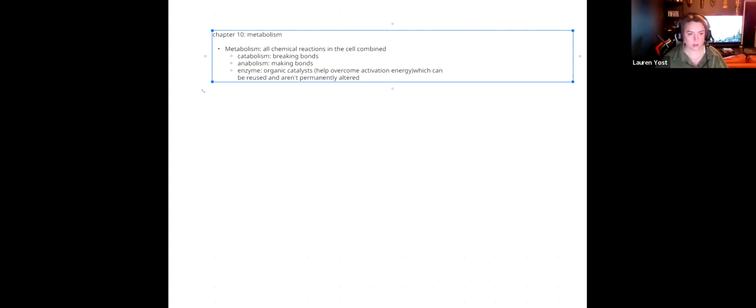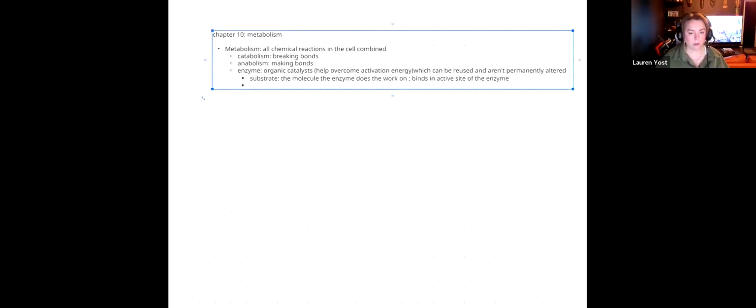Some enzymes need help in order to perform their work. That just means that there are other molecules that they get involved with. Some enzymes are just plain, they'll just do their work without any help, and that's great. That's just enzymes, and that's wonderful.